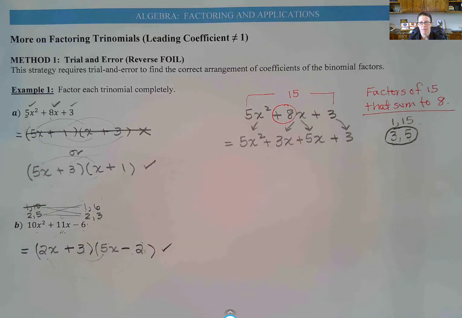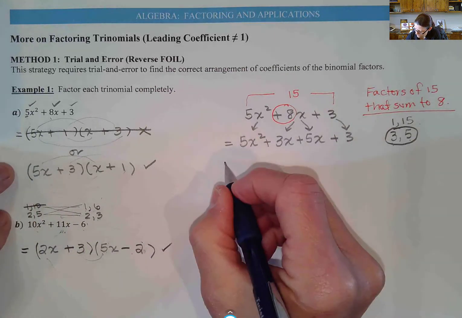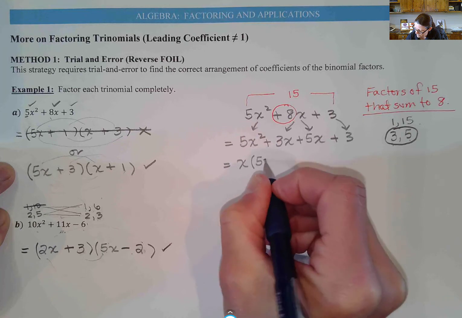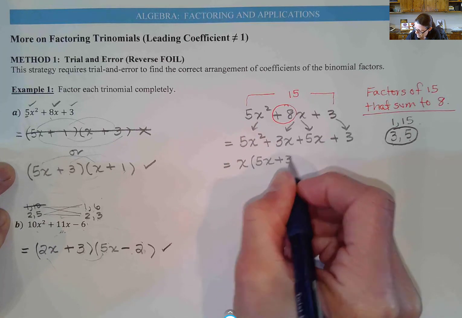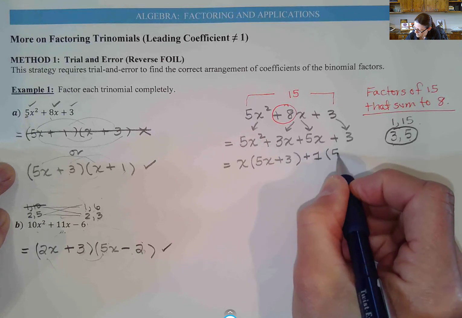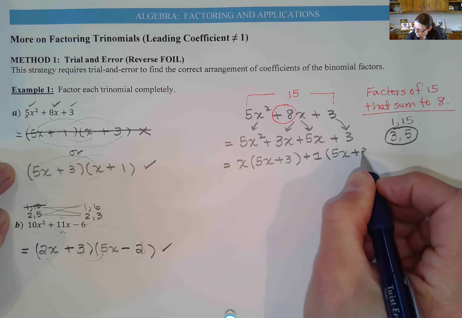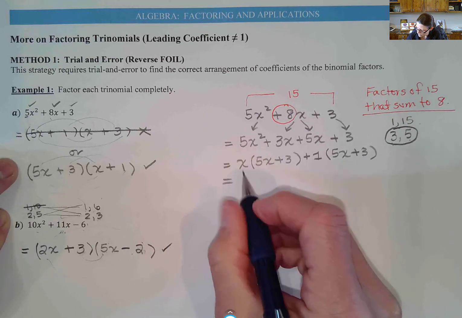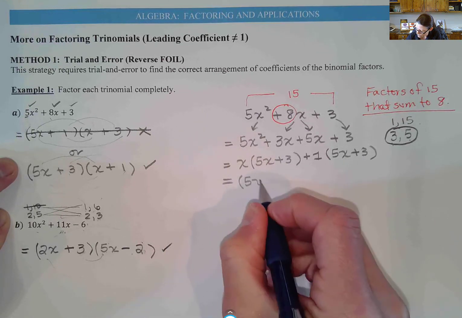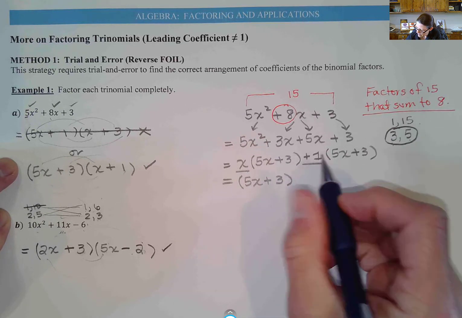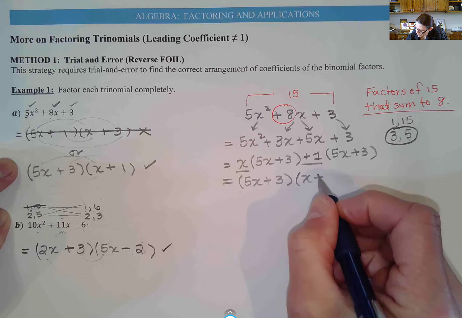In our first two terms, factor out x. In our second two terms, just going to factor out 1. So you can see this repeated binomial factor 5x plus 3 and factor it out to the front. 5x plus 3 times x plus 1. And notice that this is the same factorization that we got previously using trial and error.